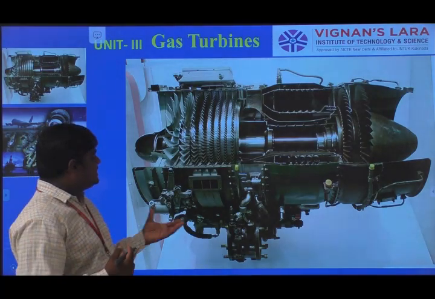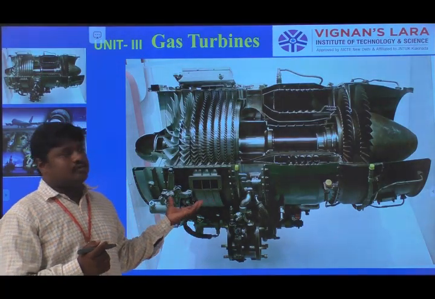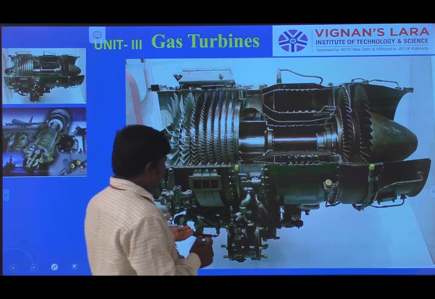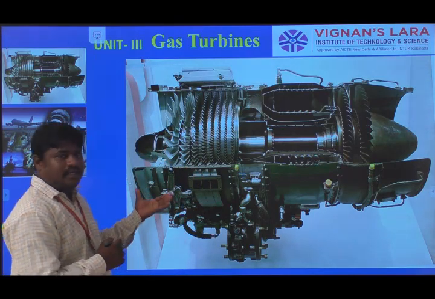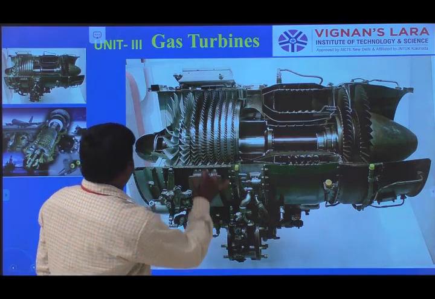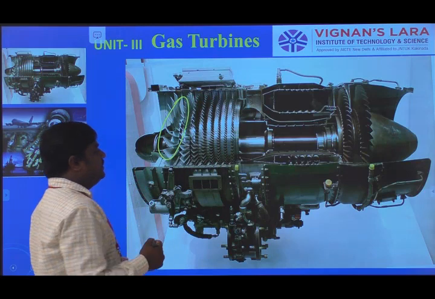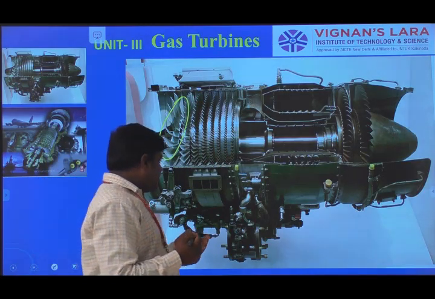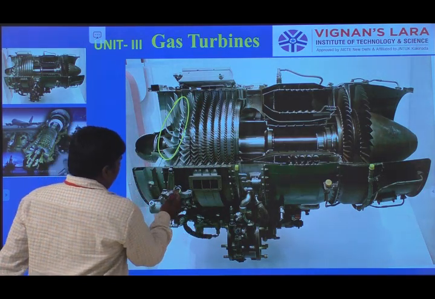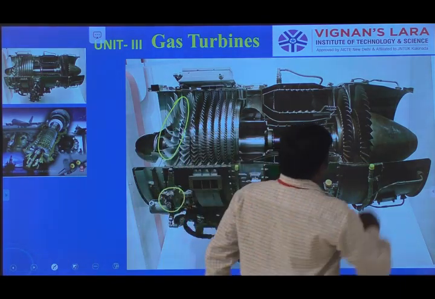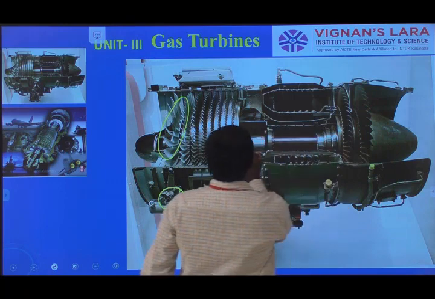We have to see the gas turbine, the overall system and the systematic diagram for the gas turbine. Here these are the blades, this is the gas turbine, and these are all the components of a gas turbine.